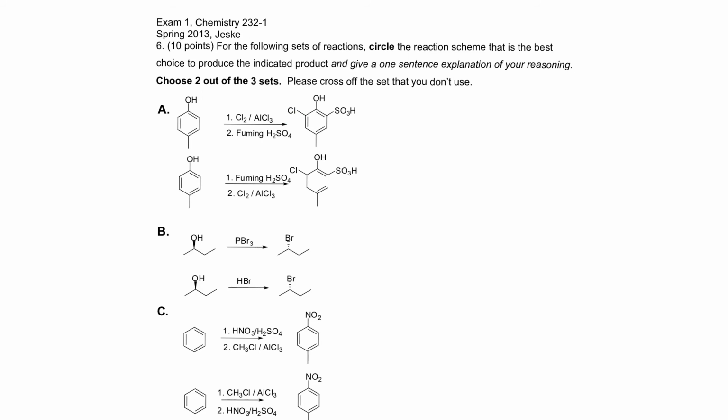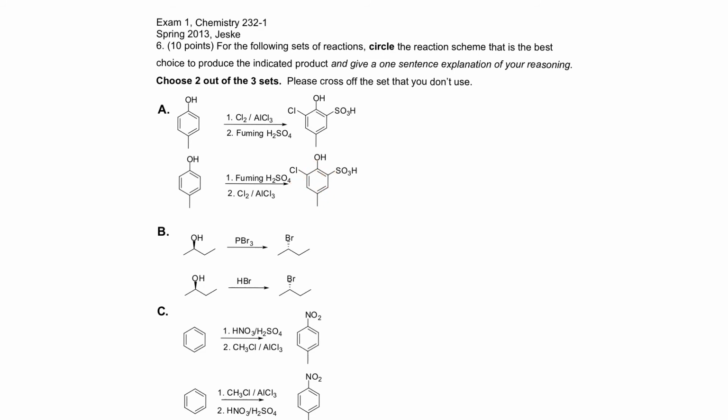And so if we're going to think about which one should go on first, would we put the strong deactivator on first or the weak deactivator? It's probably better to put the weak deactivator on first, because that makes the second step not as difficult as if we put the strong deactivator on first. We've deactivated our ring further and then try to put the chlorine on.